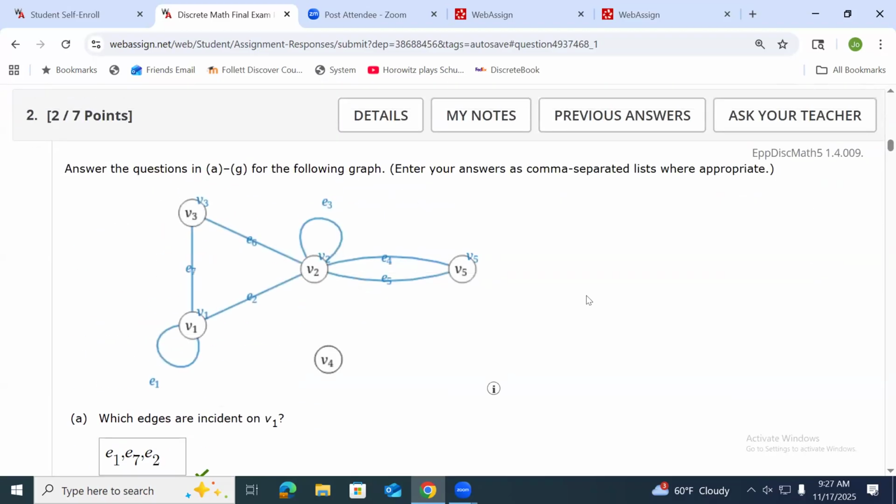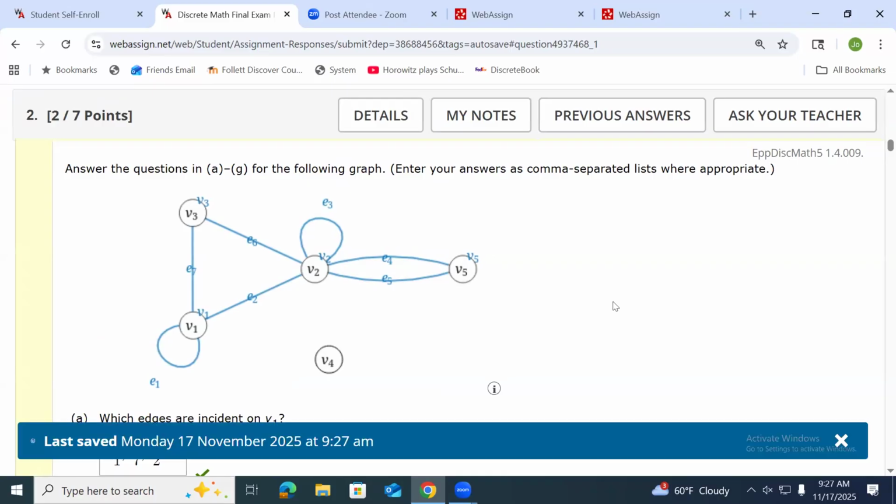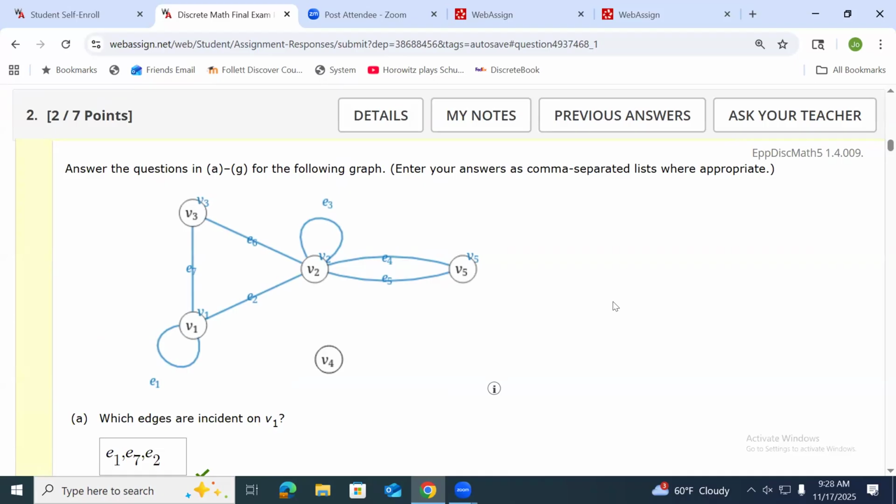That was an easy question because E1 was only touching one vertex. But what if it asked you what edges are adjacent to edge 2? It'd be edge 7, edge 6, edge 3, edge 5 and edge 4.